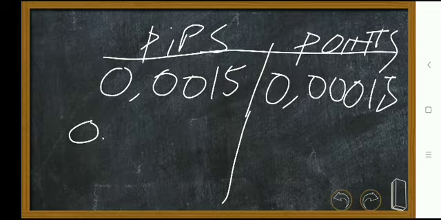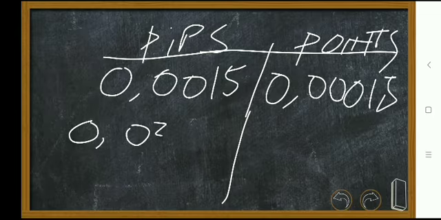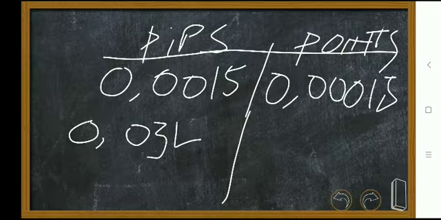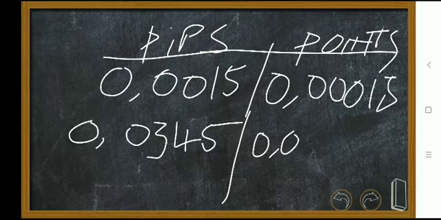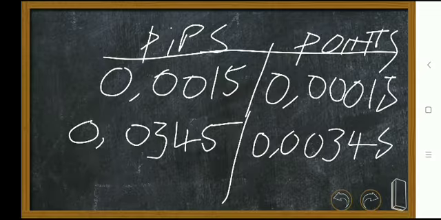We have, let's see, these are 345 pips. These are 345 points. I hope now you get the entire concept of pips and points.